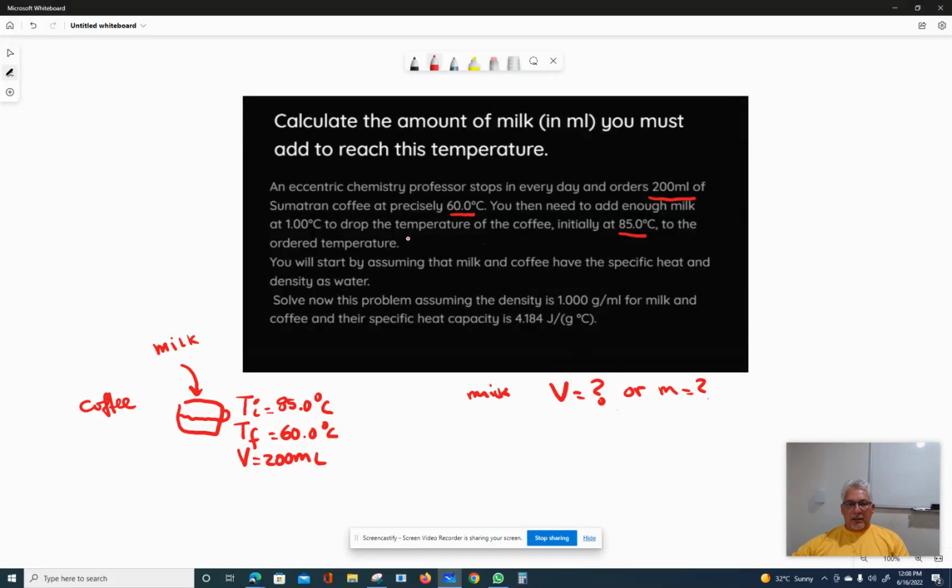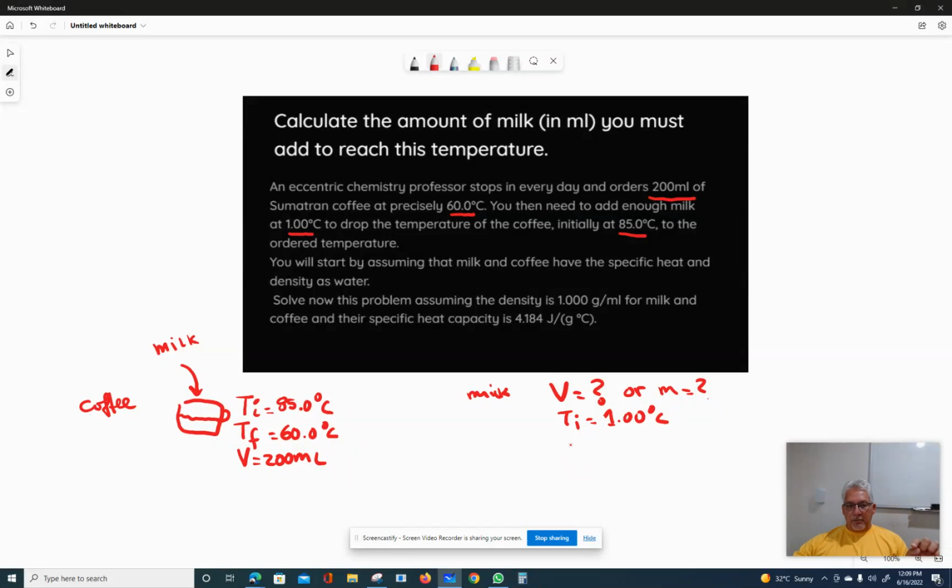And then they say the milk initial temperature, T1, will be 1.0 Celsius degree, which is very cold, by the way. It's almost freezing for the milk. And what else do they say here? This is the key point for answering this problem.